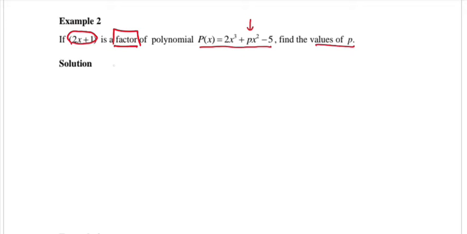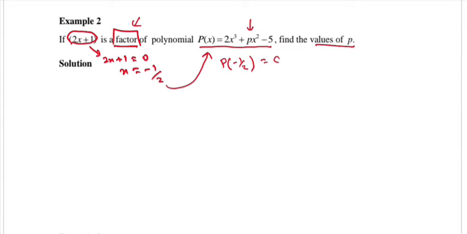Factor means that when we substitute the x value here, which is, bring everything else to the right side, when we substitute this value of x into the polynomial, the final answer that we get, since it's a factor, is remainder equal to 0. You have to remember that. If you don't remember this crucial information, then you will not be able to answer this question.